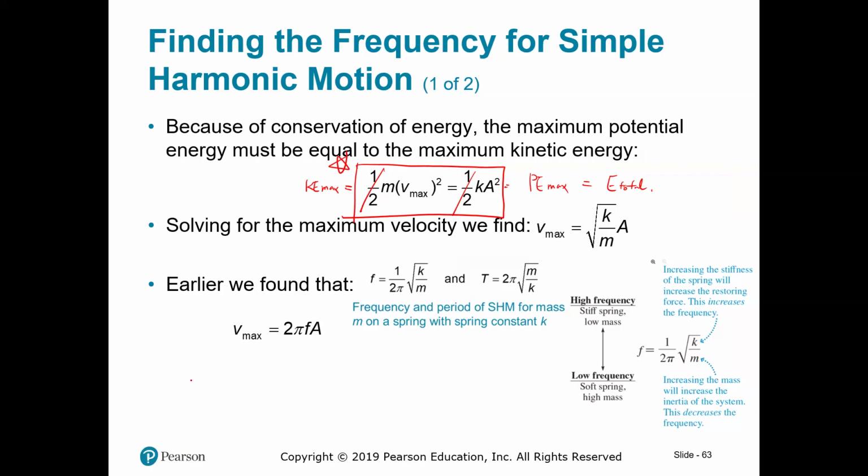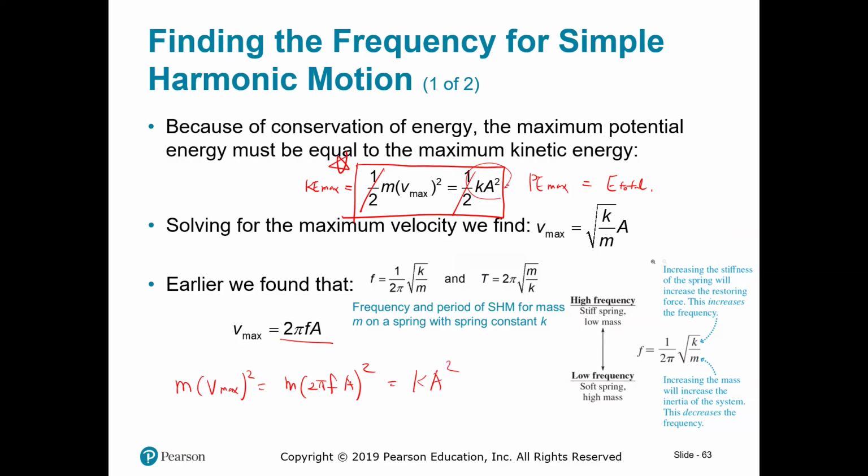And then the left side is M V max square. But again, V max is 2 pi F A, right? So M (2 pi F A) square equals this one, K A square.